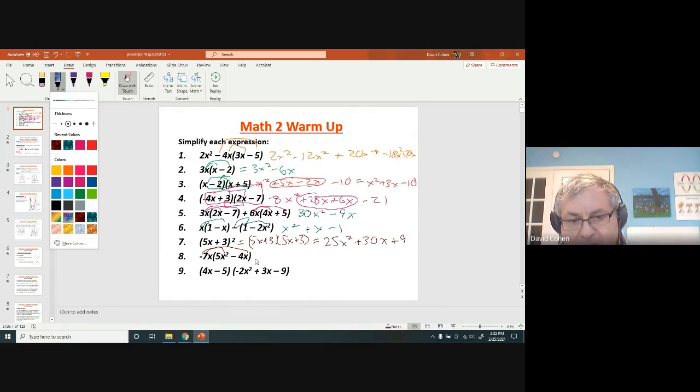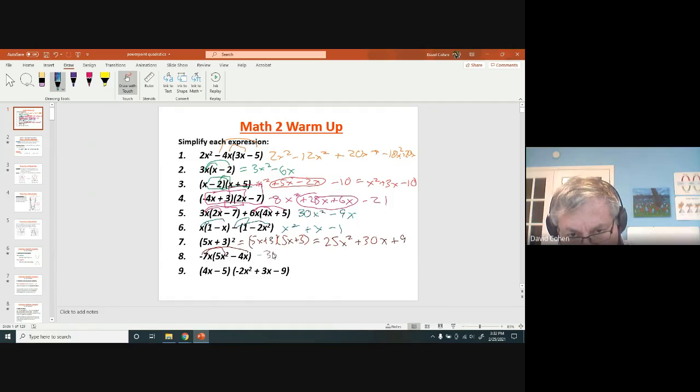When we add exponents, it's like the x is x to the first times x to the second makes x to the third. We'll do more of a review on that in polynomials. The negative 7 times 5 is negative 35x cubed. And then you're used to this, which is a negative times a negative is a positive, 28x squared.